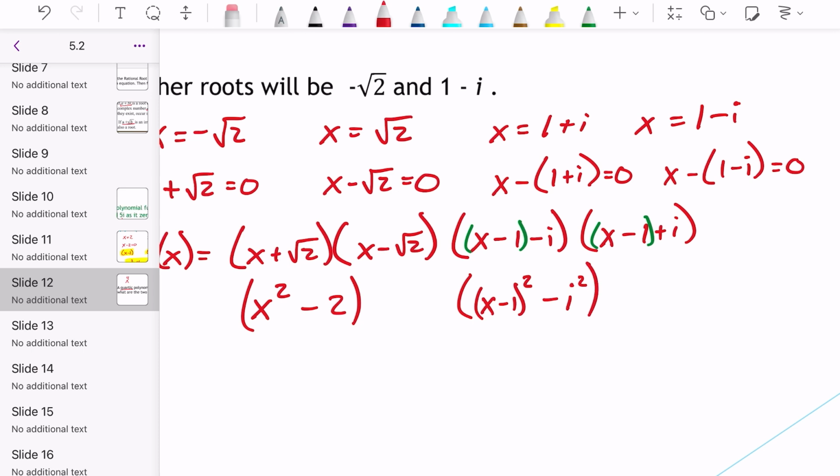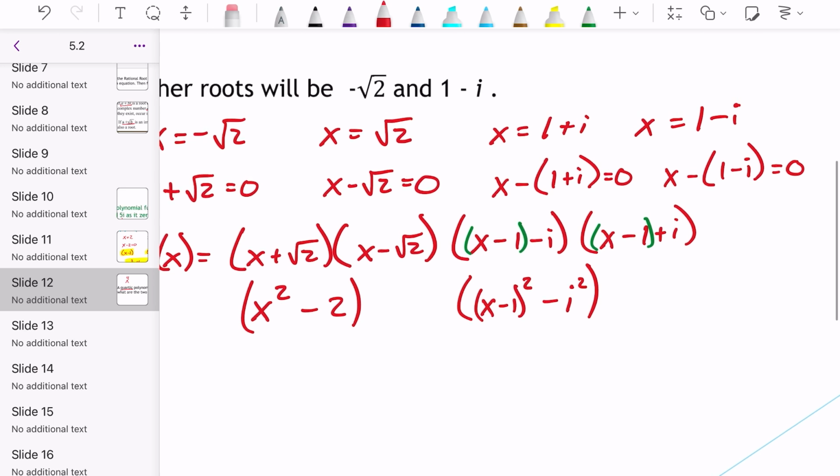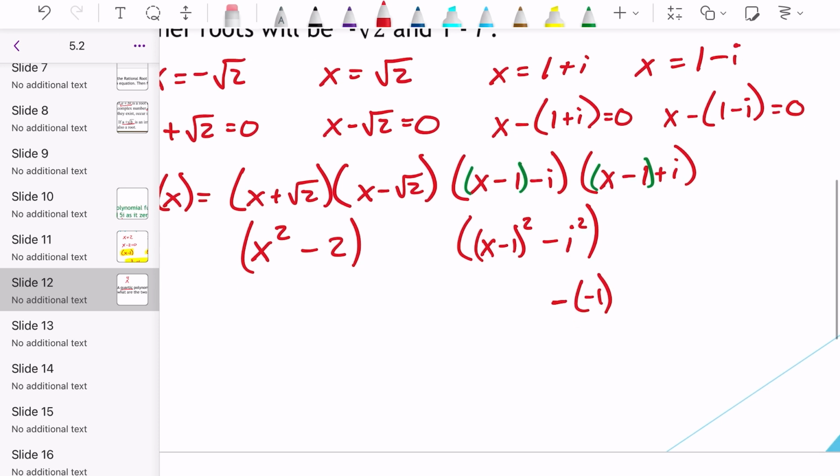Now, as we simplify this, keep in mind the subtraction of i squared, where i squared is equal to negative 1, would be the same as a plus 1. We go ahead and take care of x minus 1 to the second power, which would leave us with x squared minus 2x plus 1.